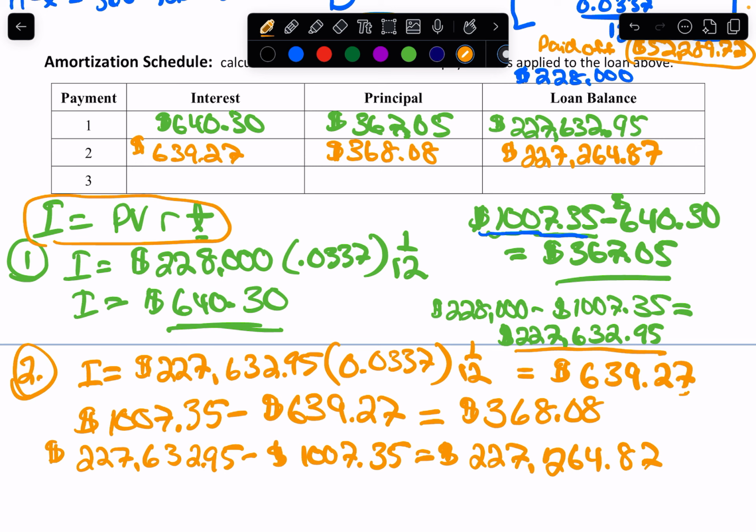What happens here is that we take out each monthly payment, and the monthly payment is the same. What's different is how much of it is interest and how much of it is principal. You can see that the interest is kind of going down, and the principal amount of that monthly payment is going up. So as we pay the loan, each monthly payment is going to have more principal paid and less interest paid.